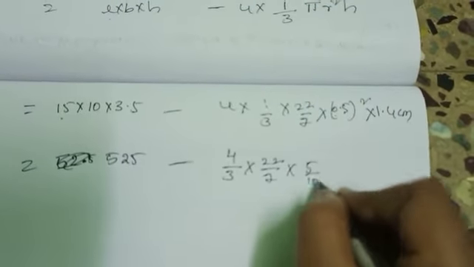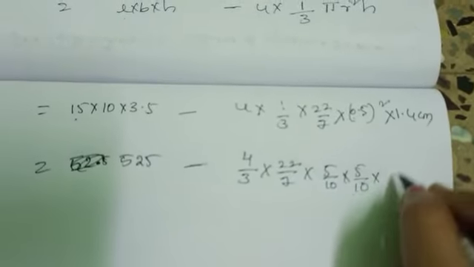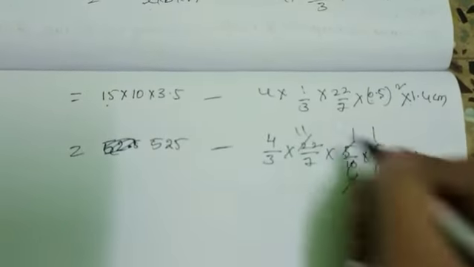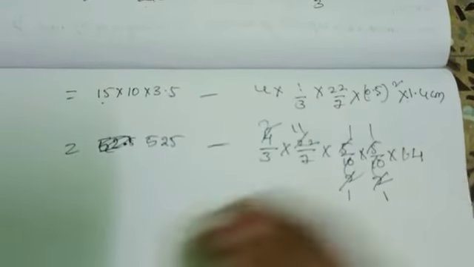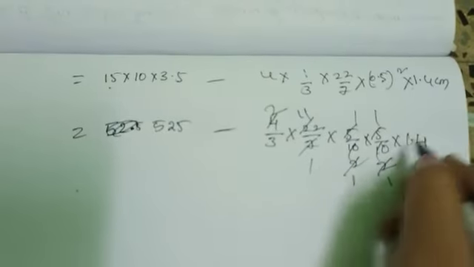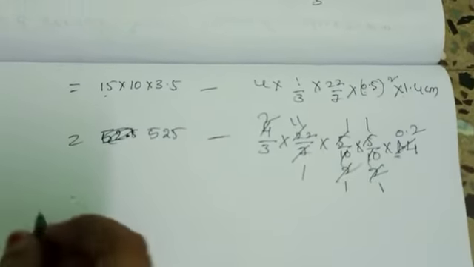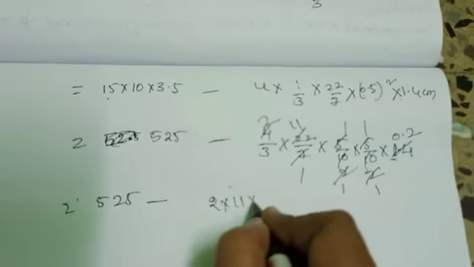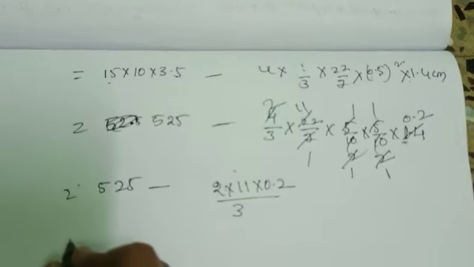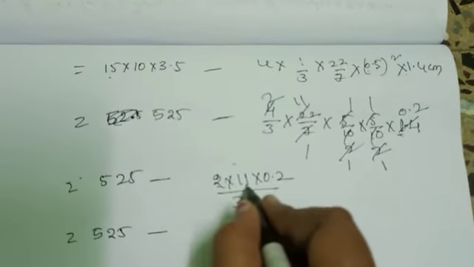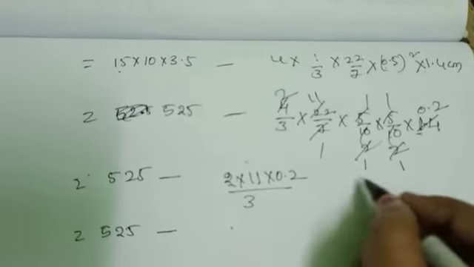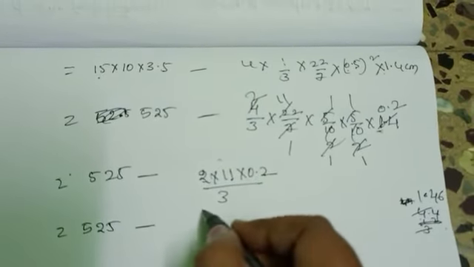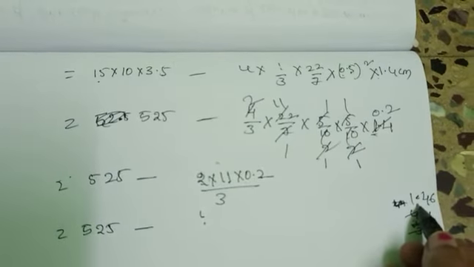Write it as 5/10 whole square, 5/10 into 5/10, into 1.4. Cancelling, this is equal to 525 minus 2 into 11 into 0.2 by 3. 525 minus 2 11s are 22, 22 into 0.2 is 4.4 by 3. 4.4 by 3 value is 1.46.